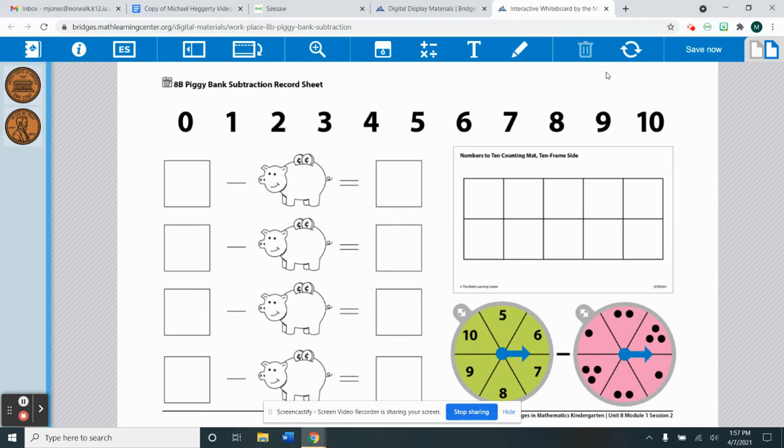Your task today is to play this, and I would like you to take a screenshot of your completed page that looks like this and post it onto Seesaw so that I know you played the game.